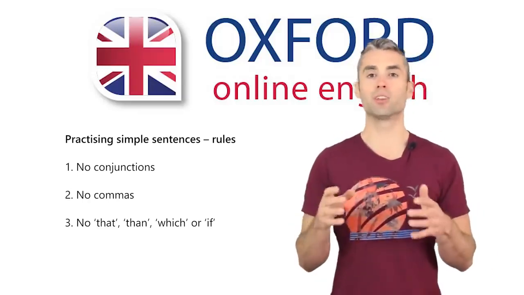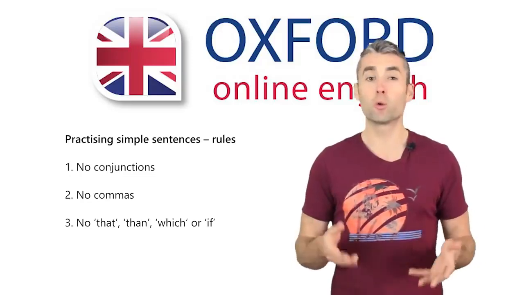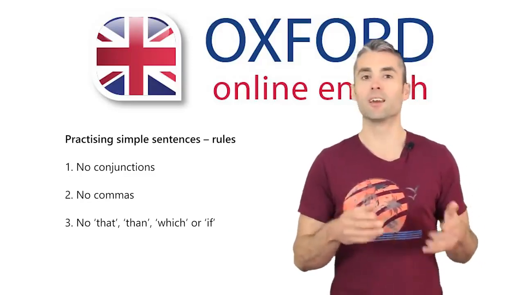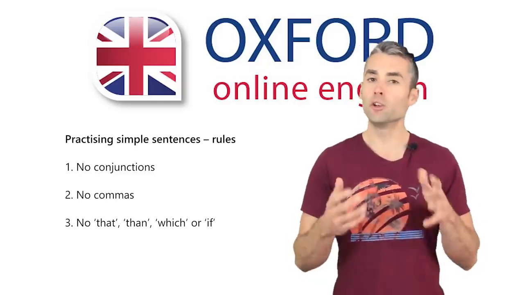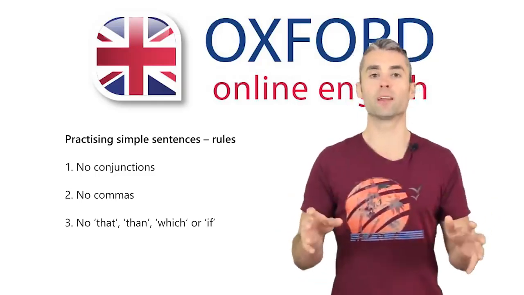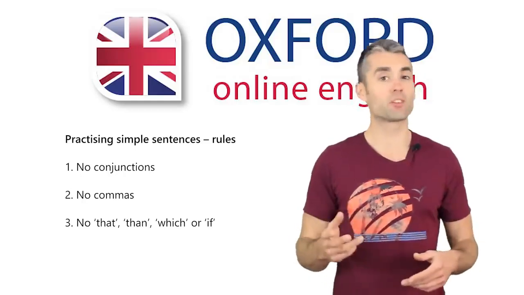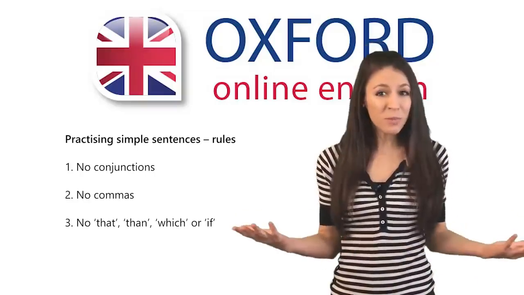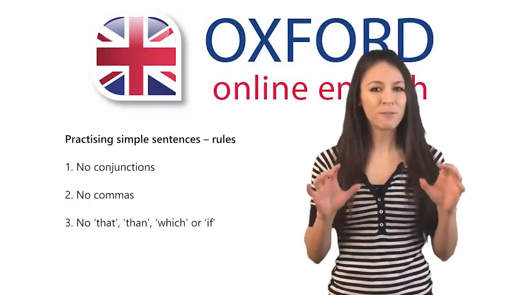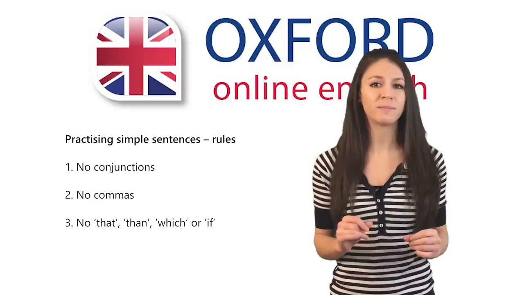This step might take you a long time. Although we're talking about simple sentences, you need a lot of grammar knowledge to get through this. You need to be able to use all common verb tenses, modal verbs, prepositions, articles, and more. However, don't be impatient. This step is the foundation of your preparation.